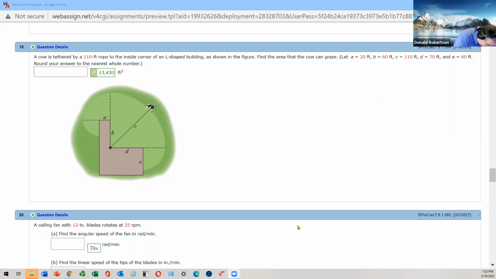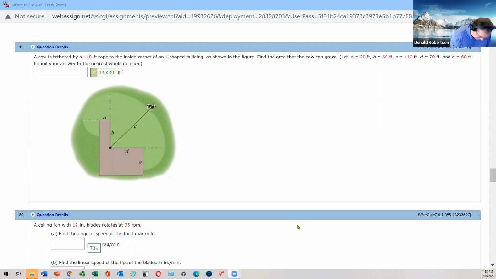So I'm just writing down A, B. There's a big long line here. Little cow. There we go. That's C. There's D. And finally E. And all they did is change the questions for different people, got different numbers. So the numbers I've got are A is 20, B is 60, the length of rope is 110, and D is 70.